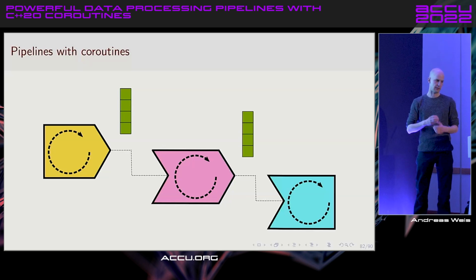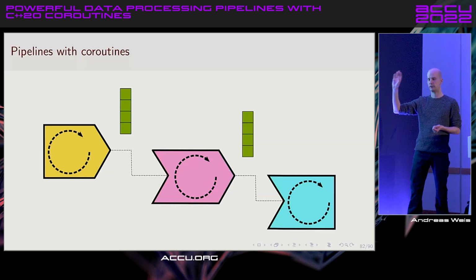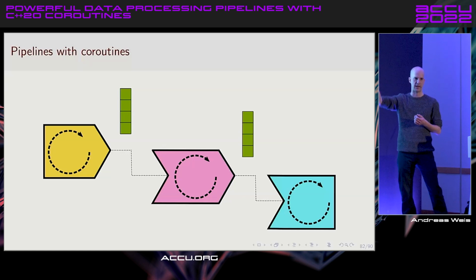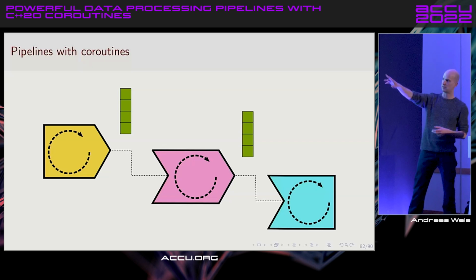For example, the producer would call the consumer, and then whenever the consumer runs out of input, it would go into a co_await that would suspend it and hand control back to its producer, so that the producer has a chance to provide additional inputs. So it's normal calls on the way down.